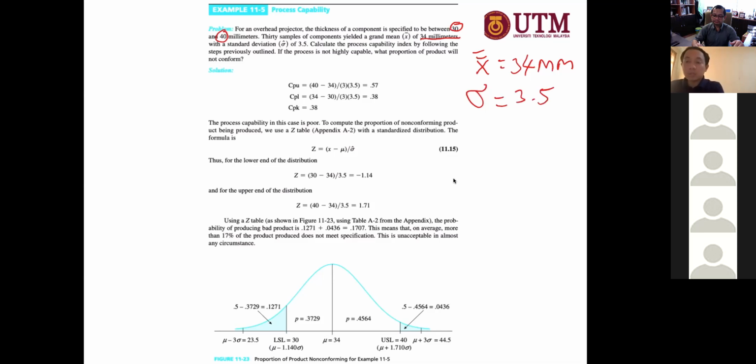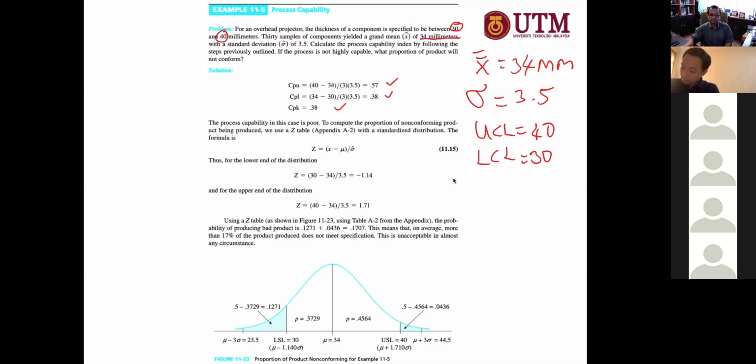The upper limit is 40, lower limit 30. Calculate CPU. We use this formula. The lowest one is the CPK.